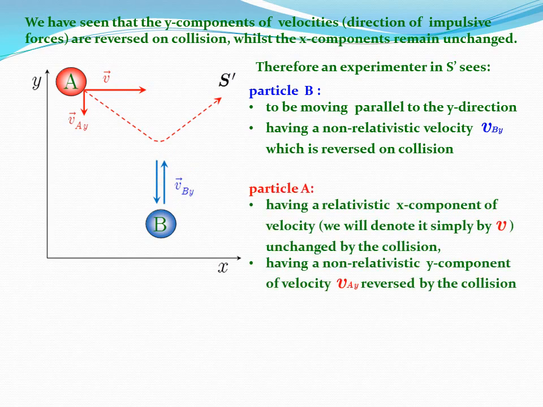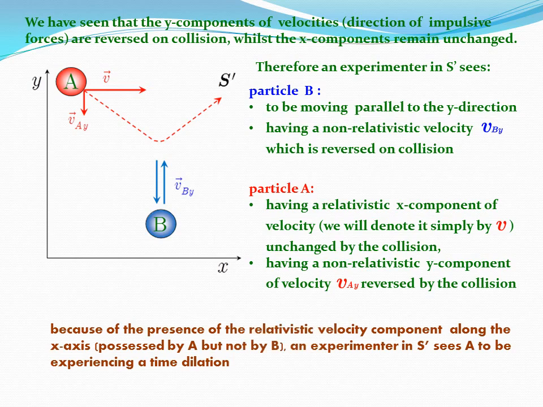As for particle A, it sees it having a relativistic x component of velocity, which we will denote simply by v, unchanged by the collision, and having a non-relativistic y component of velocity reversed on collision. But the most important thing is that because of the presence of the relativistic velocity component along the x-axis possessed by A but not by B, an experimenter in S' sees A experiencing a time dilation.